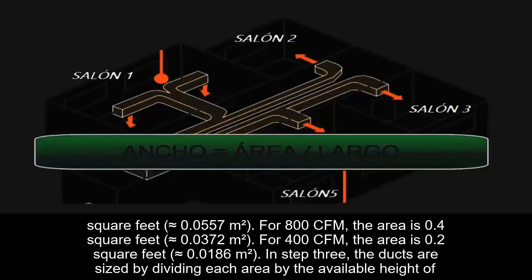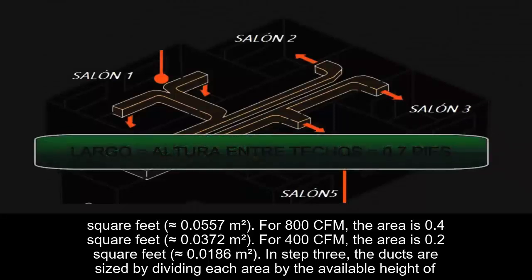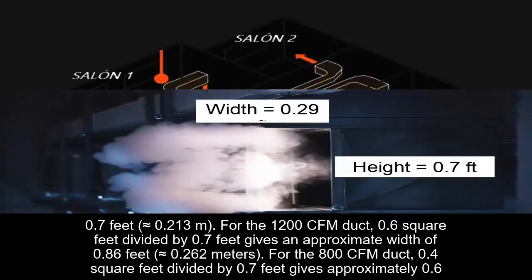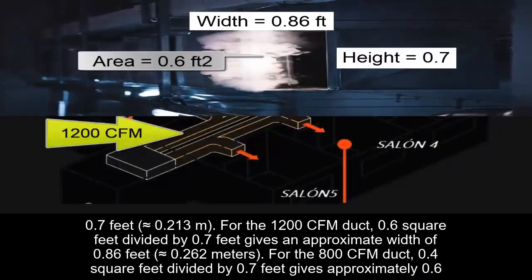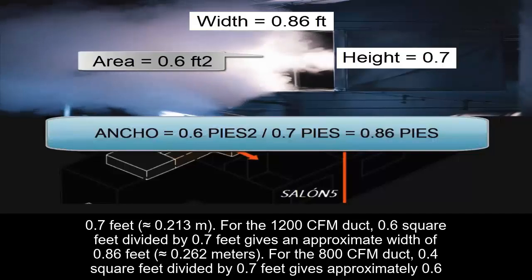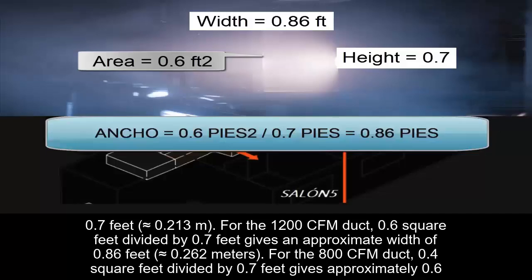In Step 3, the ducts are sized by dividing each area by the available height of 0.7 feet, nearly 0.213 meters. For the 1,200 CFM duct, 0.6 square feet divided by 0.7 feet gives approximately 0.86 feet, nearly 0.262 meters.